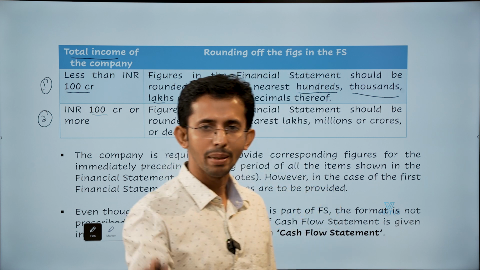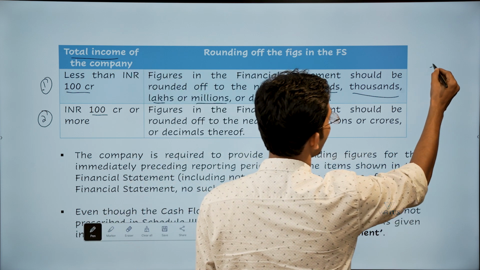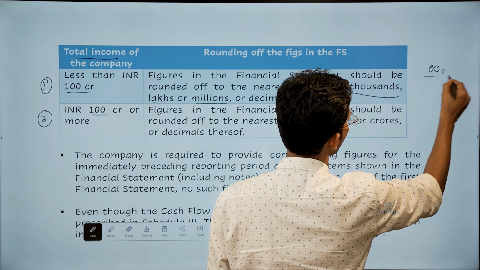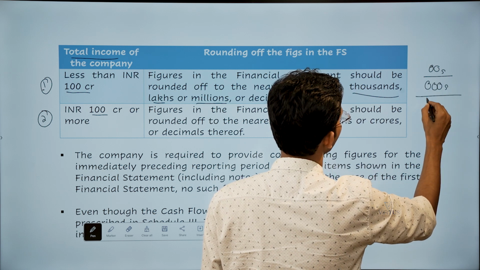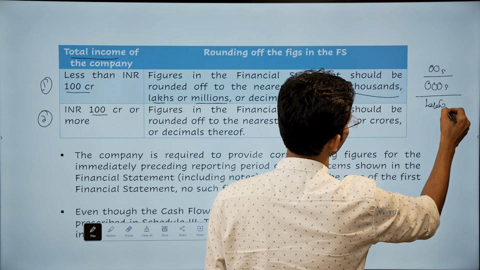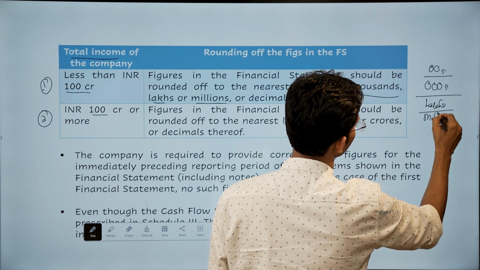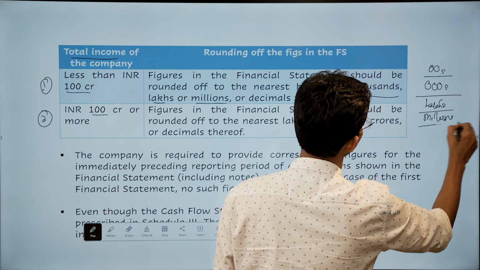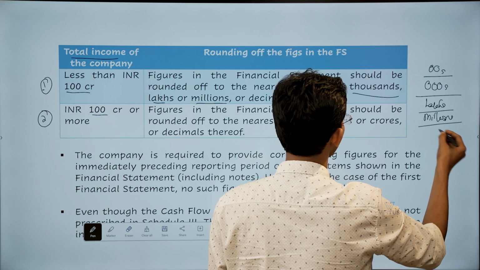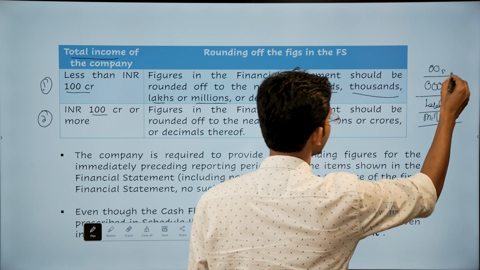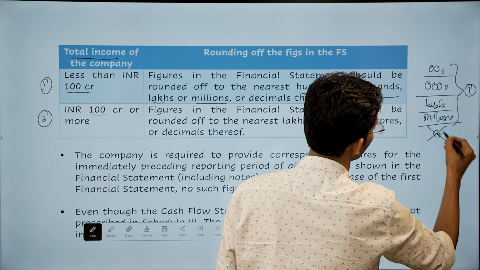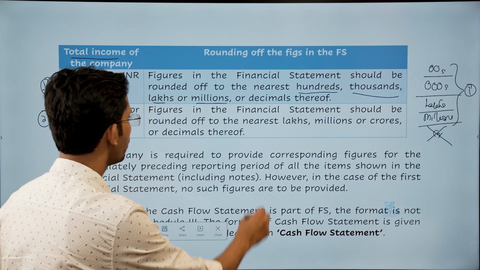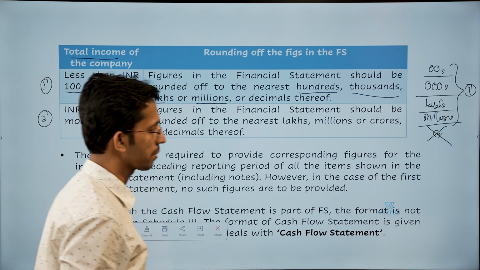So minimum rounding will be hundreds, or you can follow thousands, lakhs, or millions. But there is no option to round it off to crores if your turnover is less than 100 crore.